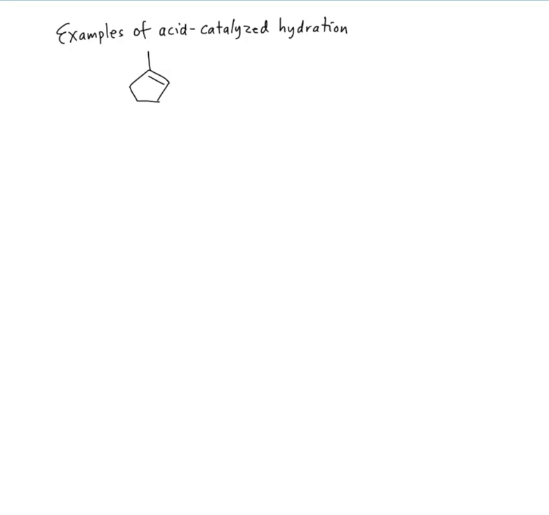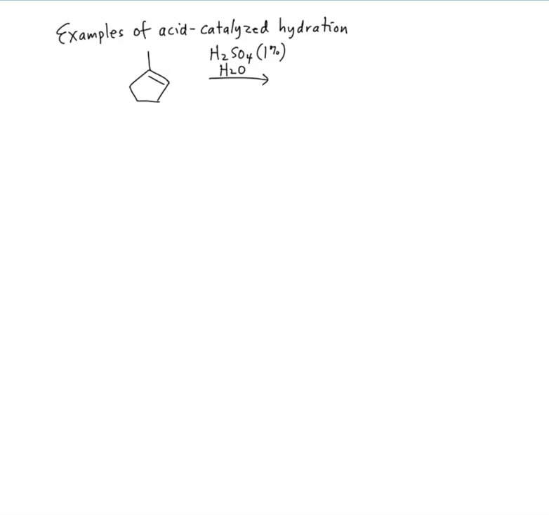One of the most important things that you're going to be learning is how to recognize the conditions that you have so that you can fit them into a reaction category. So let's say that we start with this alkene and we combine it with sulfuric acid and water, and let's say we have a small amount of sulfuric acid.